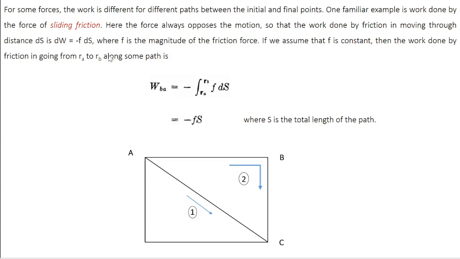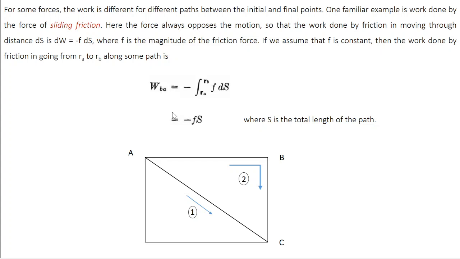For simplicity, let's assume that f is constant. Then the work done by friction in going from point RA to RB along some path is given by W_BA equal to minus the integral from RA to RB of f ds. Since f is constant, you take it outside the integral. The integral of ds is nothing but the total length of the path, s.